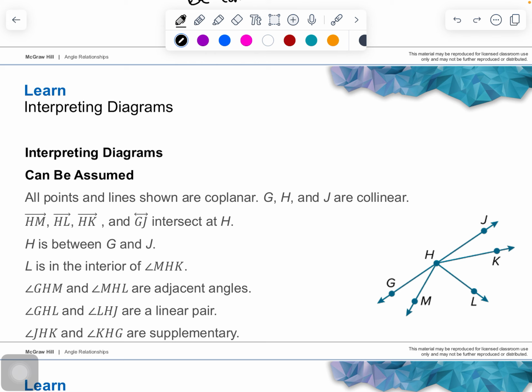Okay, GHM and MHL, those are adjacent angles, that they do share a side. So yes, when you see a ray like that, you can assume that it is a shared side to those angles.